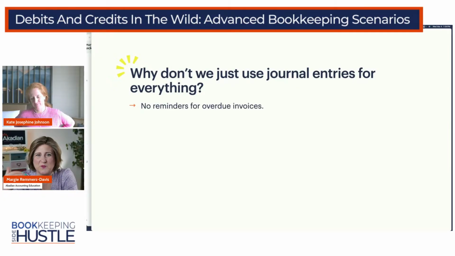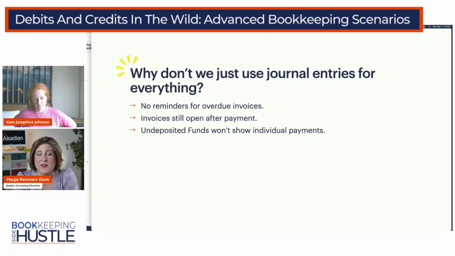Why don't we just use that and forget the software? Well, here's some reasons why. Overdue invoices: the software can send reminders for that, and there'll be invoices that are still open after the payment. Undeposited funds will just have a lump sum. It won't have the individual cash and checks that were deposited broken out.